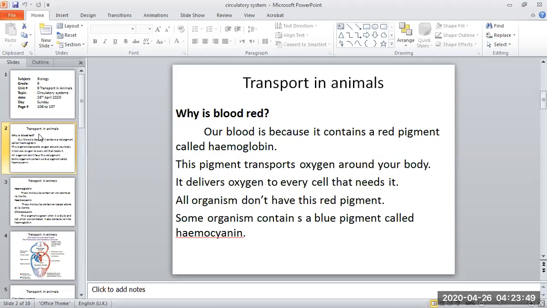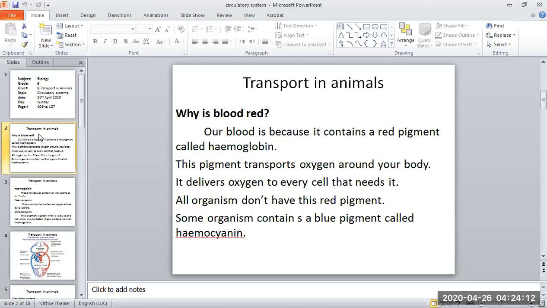And this pigment transports oxygen around our body. You know, the oxygen that we take from the lungs, the red cells absorb the oxygen from the lungs and they transport it into our body.